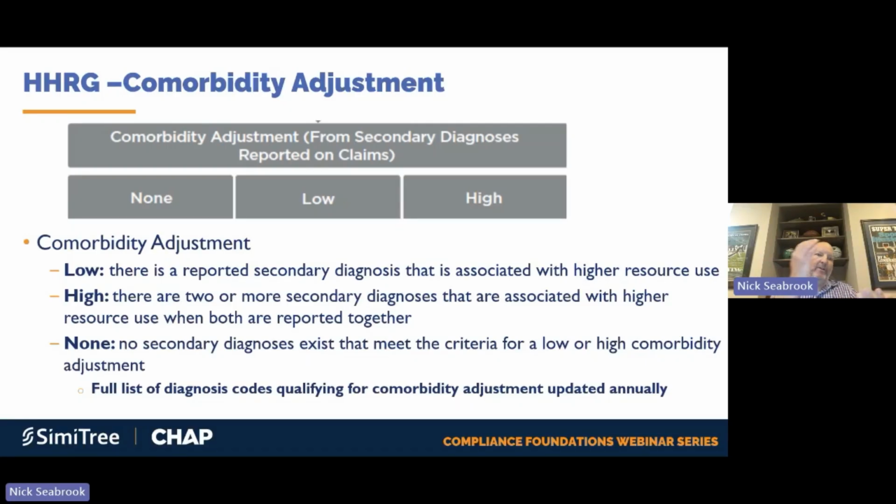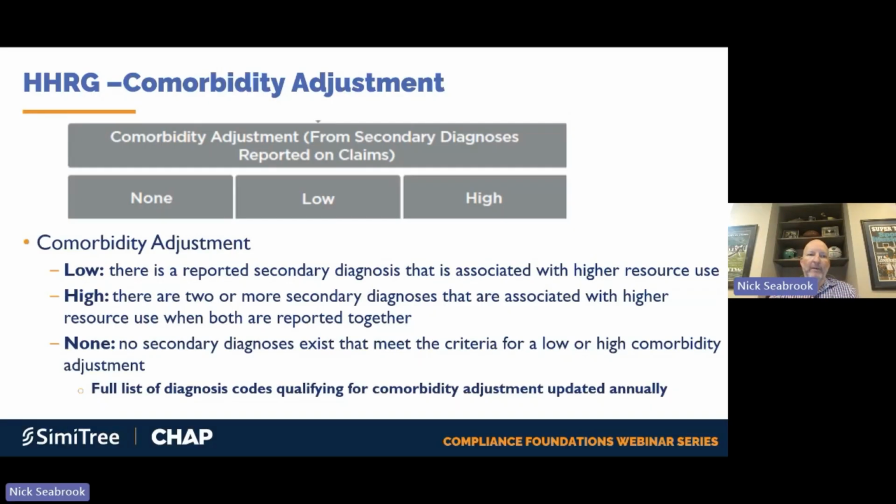If you have, for example, a wound care patient with congestive heart failure, that could be an association together where Medicare has done analysis and factored in that these patients are typically higher cost and therefore qualify for a comorbidity adjustment. So you're either going to have no comorbidity adjustment, a low comorbidity adjustment, or a high comorbidity adjustment. The high comorbidity adjustment is the higher reimbursing or the higher case mix item.